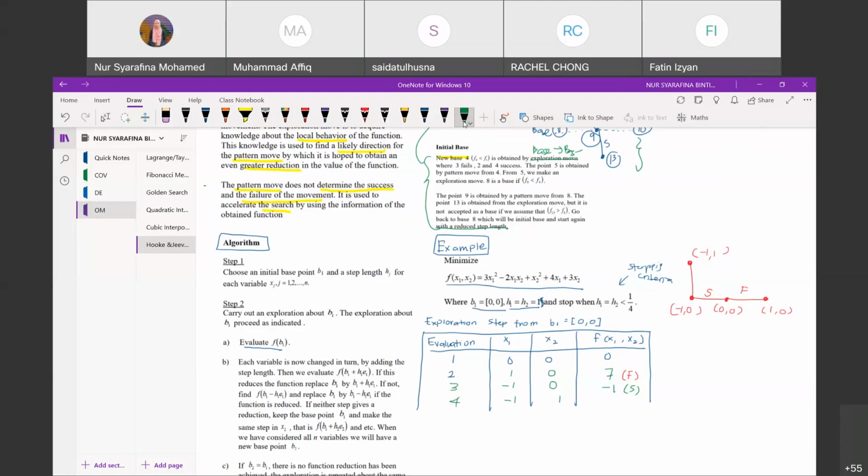Is it 5 or 2? 5, right? So when it is 5, consider it a failure or success? Okay, good. Fail. Then again, move downside.